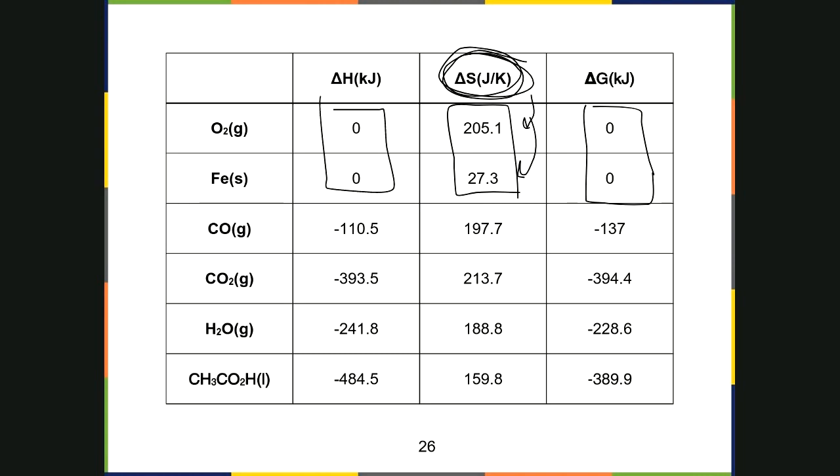And then the rest of these is like what we were doing before: Gibbs free energy, carbon monoxide, carbon dioxide, water, and that last one down there is acetic acid. And we're going to do a worksheet that's going to use this kind of stuff.